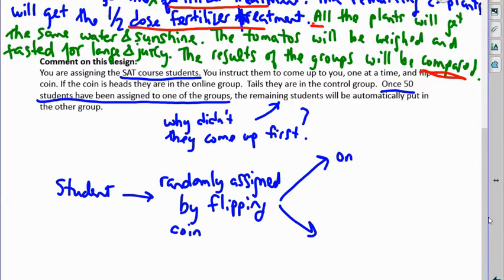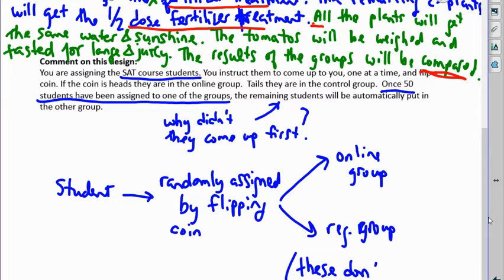You're going to have your online group, and you're going to have your regular group. We need to recognize these may not be the same size. And then, of course, at the end of it, you would compare the results.